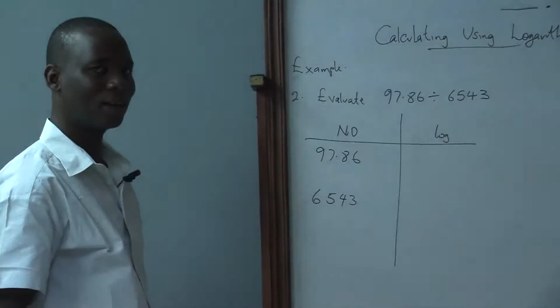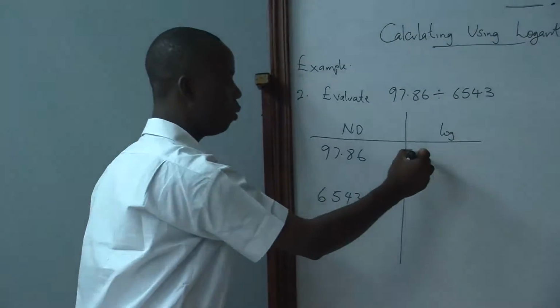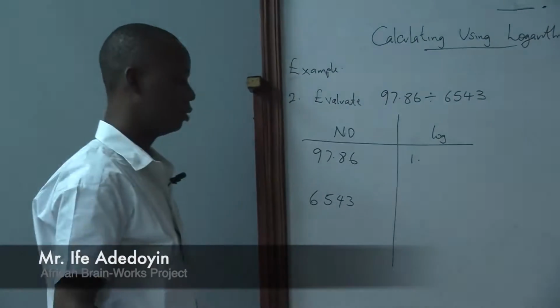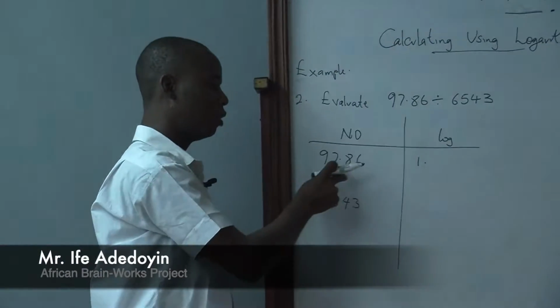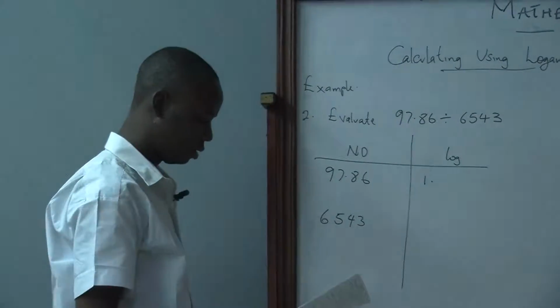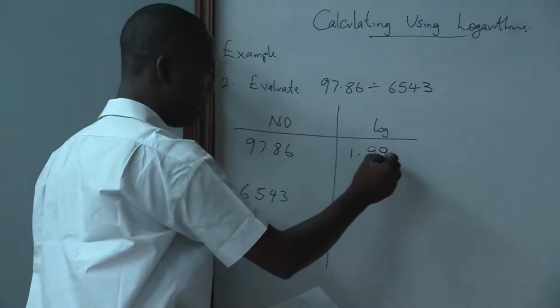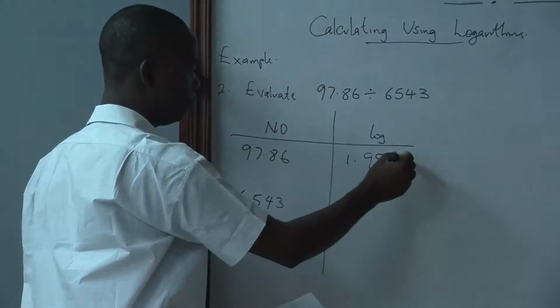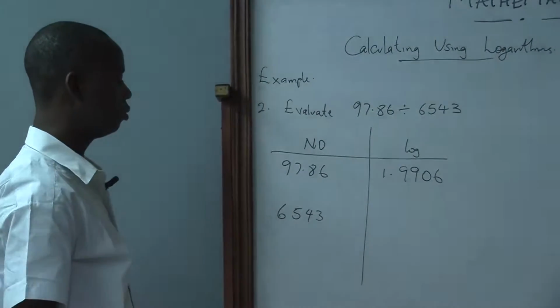The first part, the characteristic, we're going to find from this value, and that will be 1 point. Now we're going to look from the column 97 under the row 8 plus the difference we have under 6. Whatsoever we have there is 9906. And we'll come to this part also.